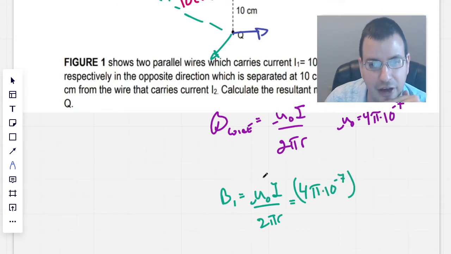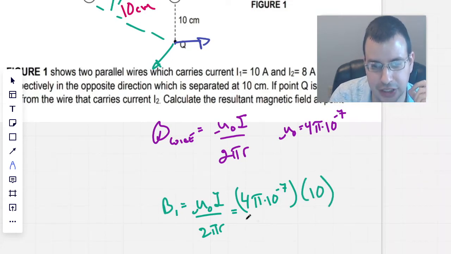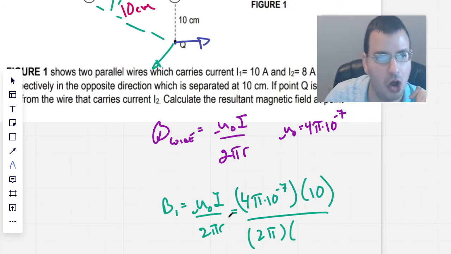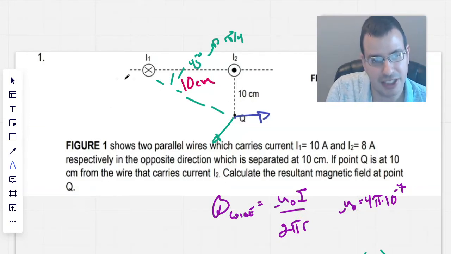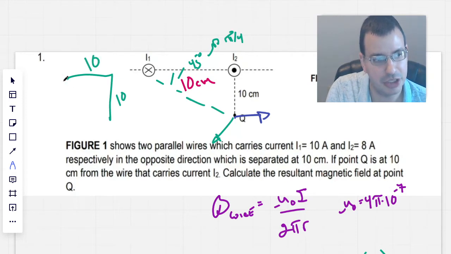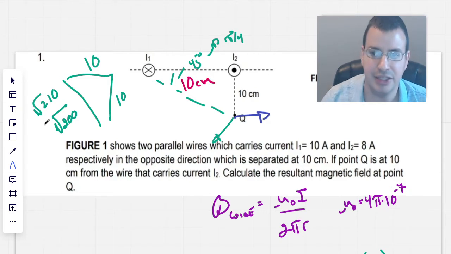The current is 10, which is convenient, all over 2 pi, which is convenient because it'll cancel with part of the 4 pi up top. And then r is the distance away. Looking at this as a triangle, 10 centimeters here, 10 centimeters here, that's going to be the square root of 200, which is square root of 2 times square root of 100.